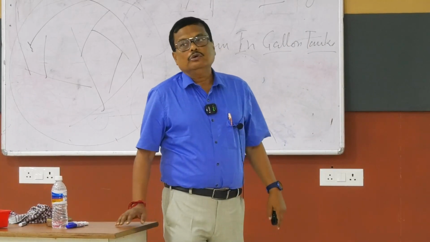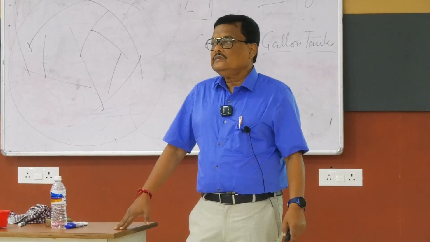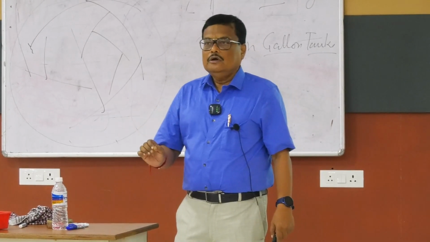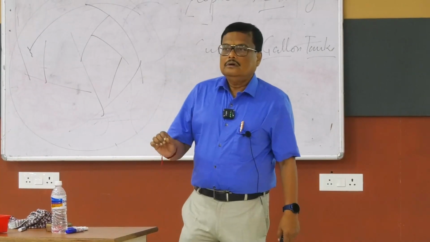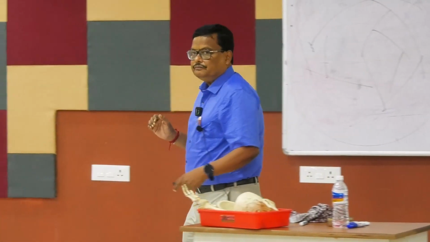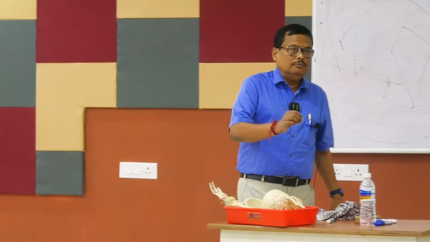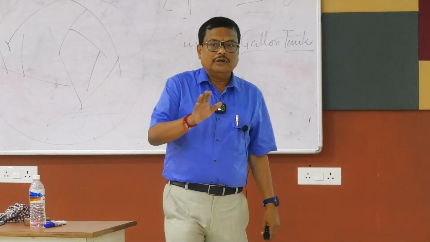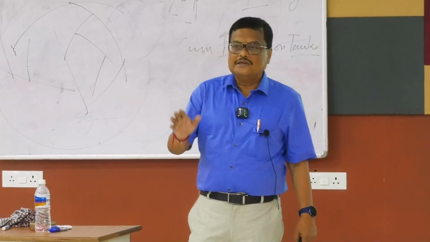Next is your histology classes, microscopic anatomy. We take tissue from the body, usually from the living body. You process it so that it is kept without any destruction of the tissues and cells.